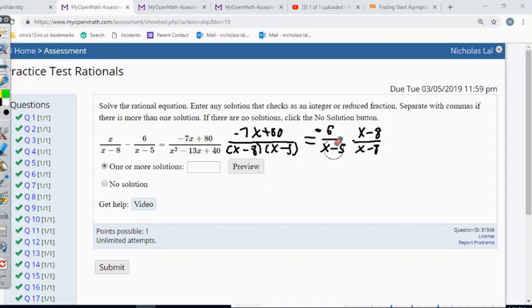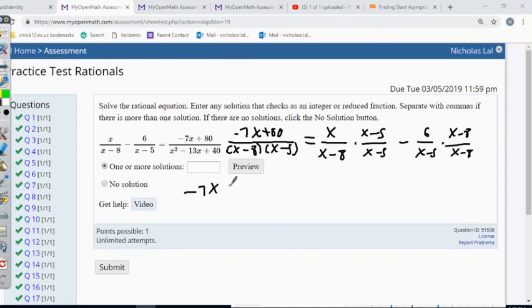Here, it might just be easier if I do this in order. Easier for me, easier for you. x over x minus 8 times x minus 5 over x minus 5, minus 6 over x minus 5 times x minus 8 over x minus 8. Evaluate the common denominator.